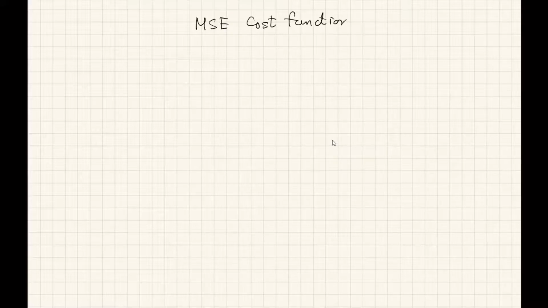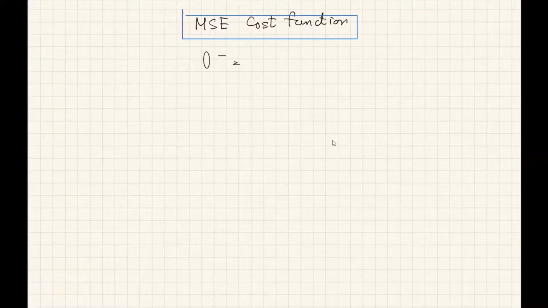Let's think about mean square error for a minute. You remember that the cost function was represented by this form: very simple, easy to understand, the square of the difference.